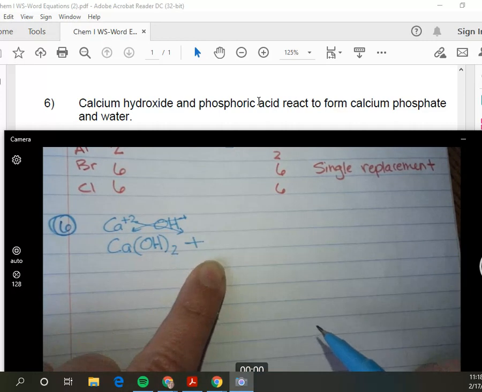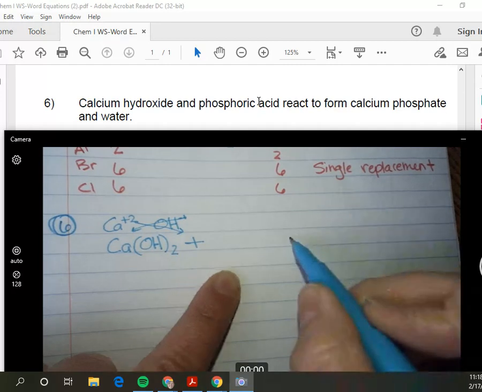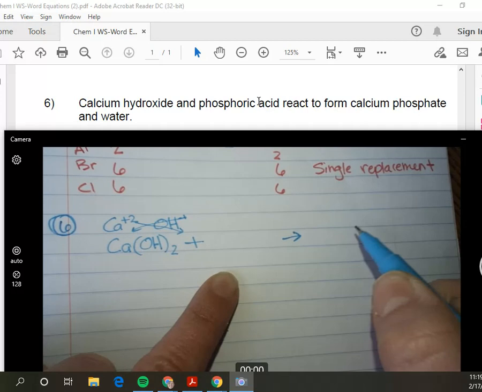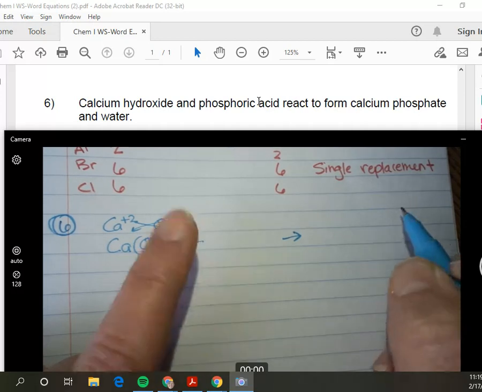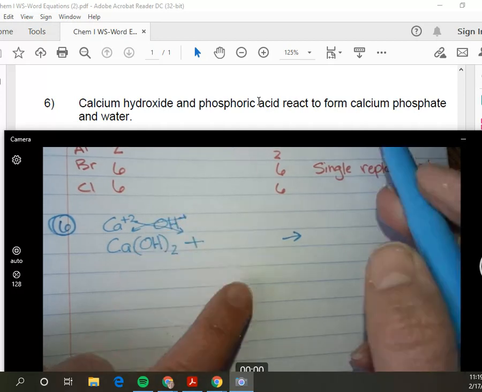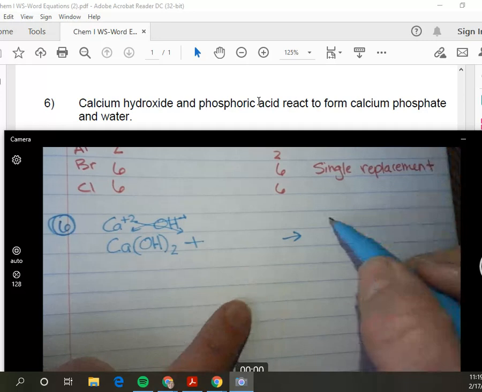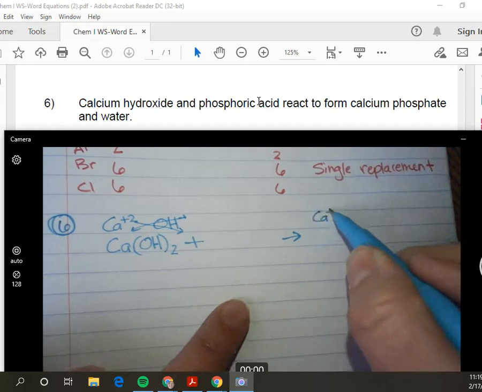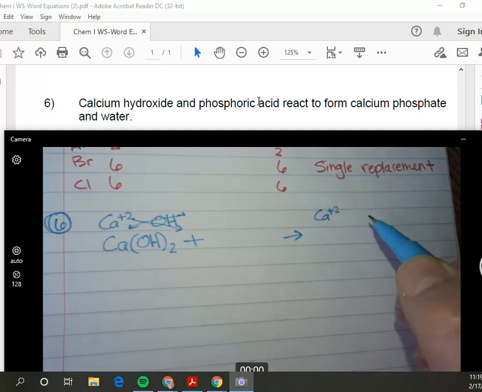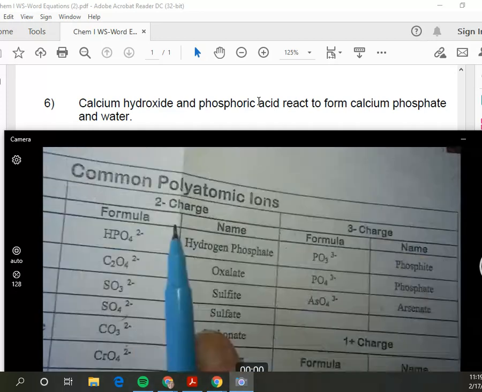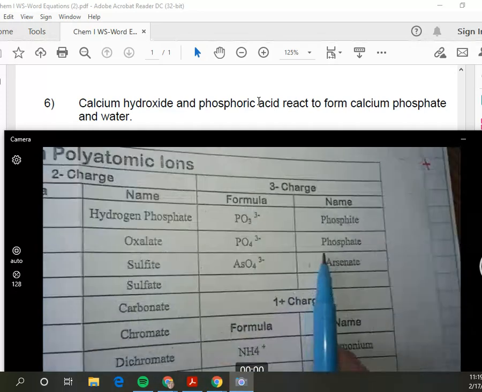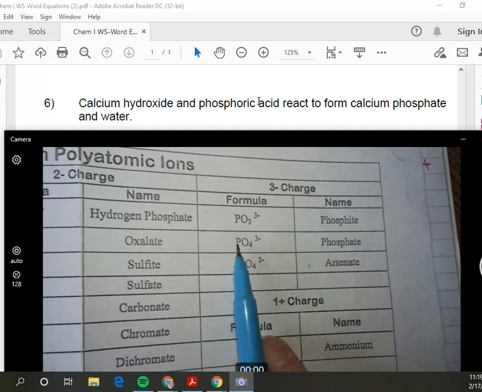Calcium hydroxide and phosphoric acid. You might say to yourself, I have no idea what. So we'll leave that blank for a second. And we'll go to what, like I said, what you can tell. To form calcium phosphate. Oh wait, I remember this. Calcium's going to be a +2. Phosphate, remember we've already looked at our polyatomic ion sheet. Here's phosphate.